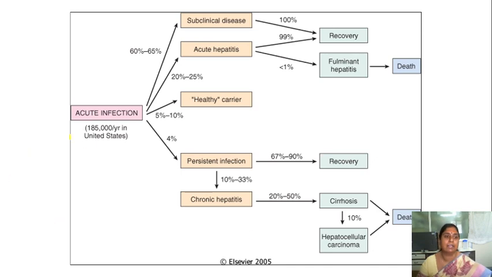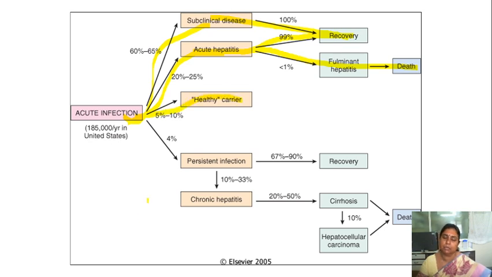So when you are having an acute viral infection, most of the times it is a subclinical infection and they recover. Then 20% of the times go to acute hepatitis. If it is spotty necrosis, which is 99%, they recover. If it is panlobular necrosis, it goes to fulminant hepatitis and death. And then there is a fraction which are healthy carriers.